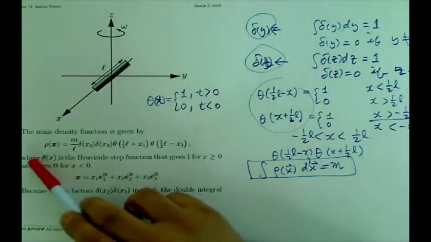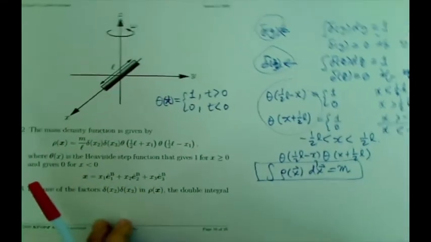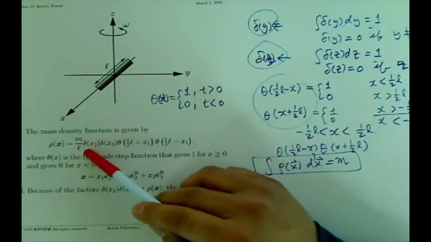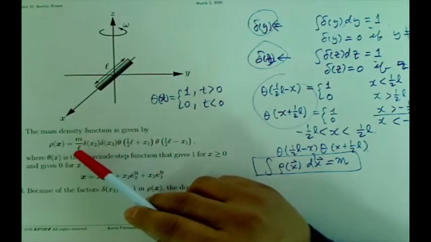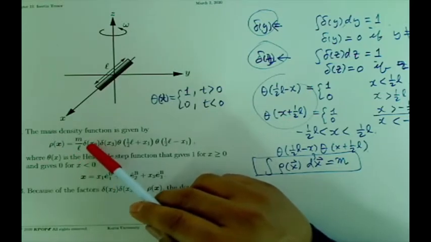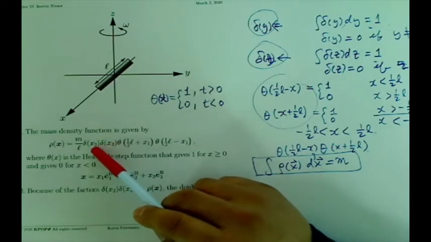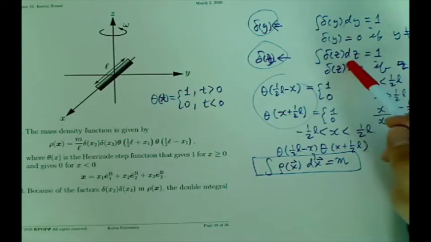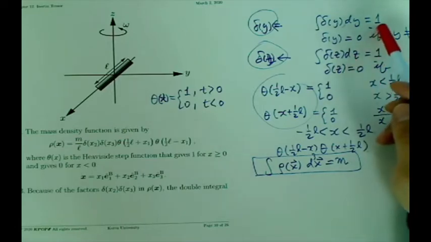Remember, a density function has a dimension of mass divided by volume, but here we have only length dimension. The reason is that each delta function is a function to be integrated over the length. But after the integral over y and z, it becomes 1. That means dimensionless.